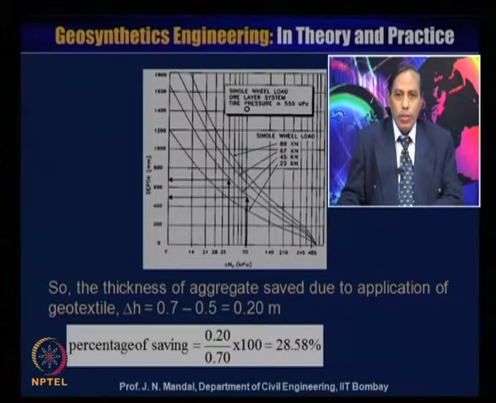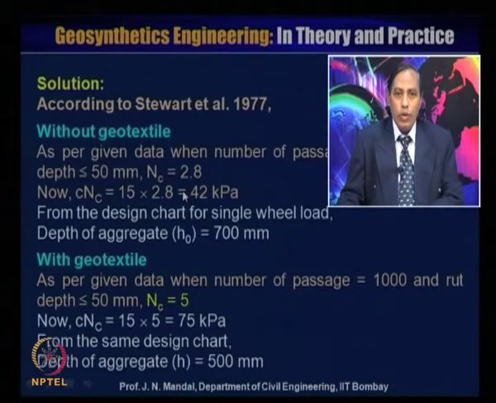So, for this c into Nc value and this load of 40, you can calculate the thickness of the aggregate. Okay, this will be about 700. This is between 600 to 800, so about 700. That is why the depth of the aggregate H0 is equal to 700 millimeter.